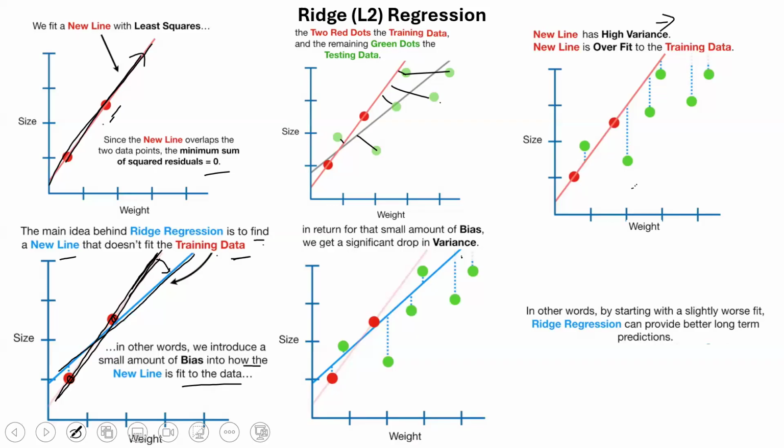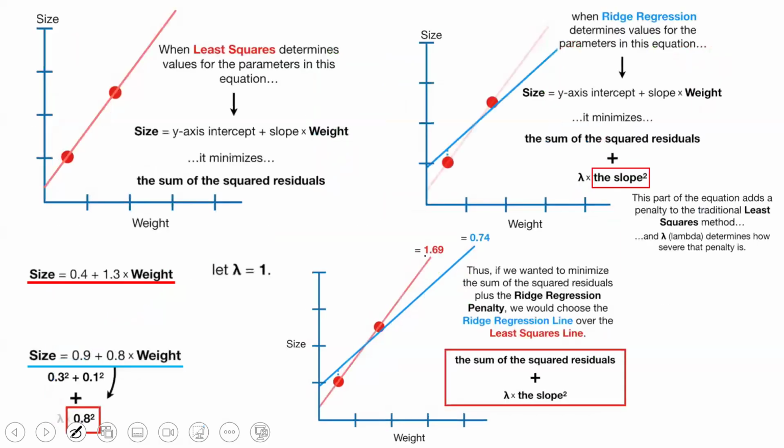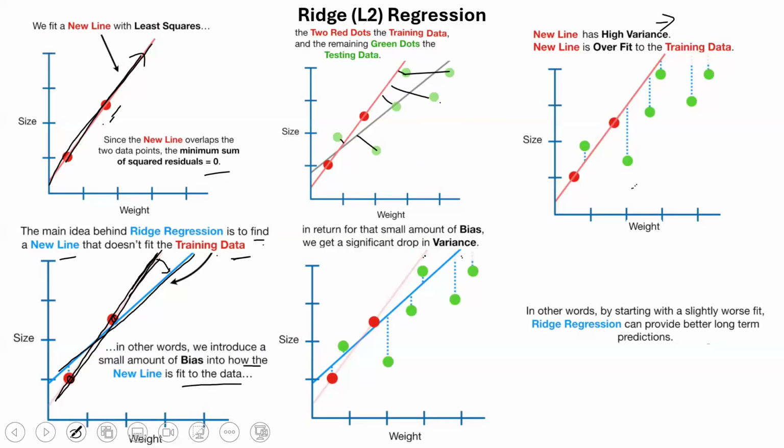Once the line slightly rotated, the variance decreased, right? The variance of this line is greater than that of this line. But once we added some bias, the variance got drastically reduced. That means even though there is some bias introduced on the training data set, it is predicting well on the testing data set, or on the new data set. That is our main goal. Our main goal is not always to do a perfect fit on the training data.